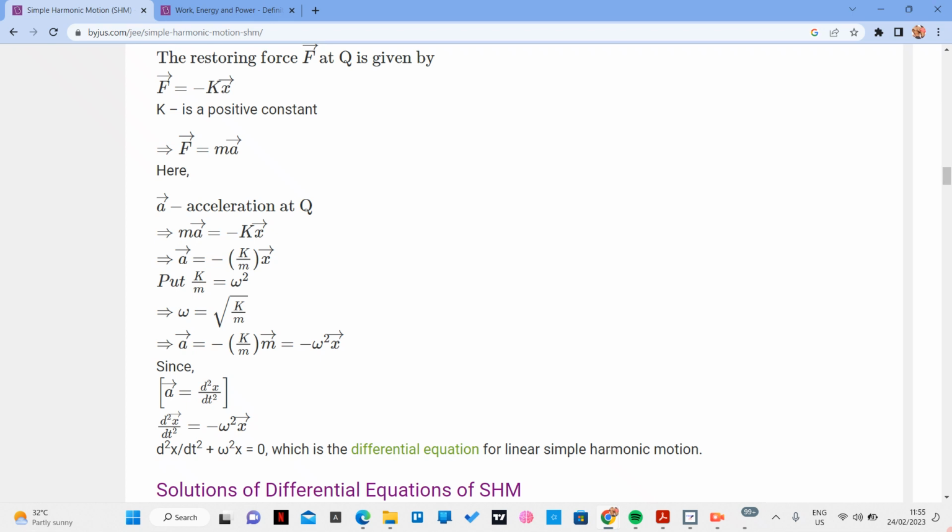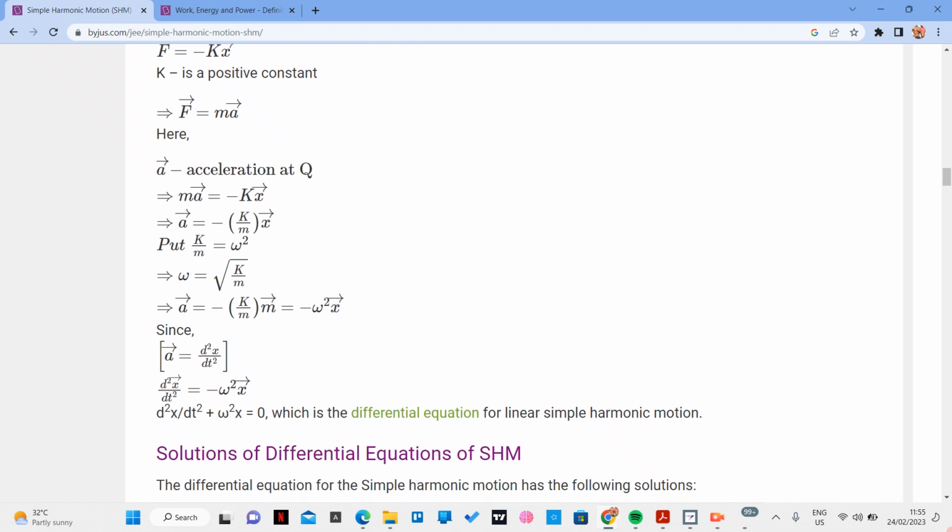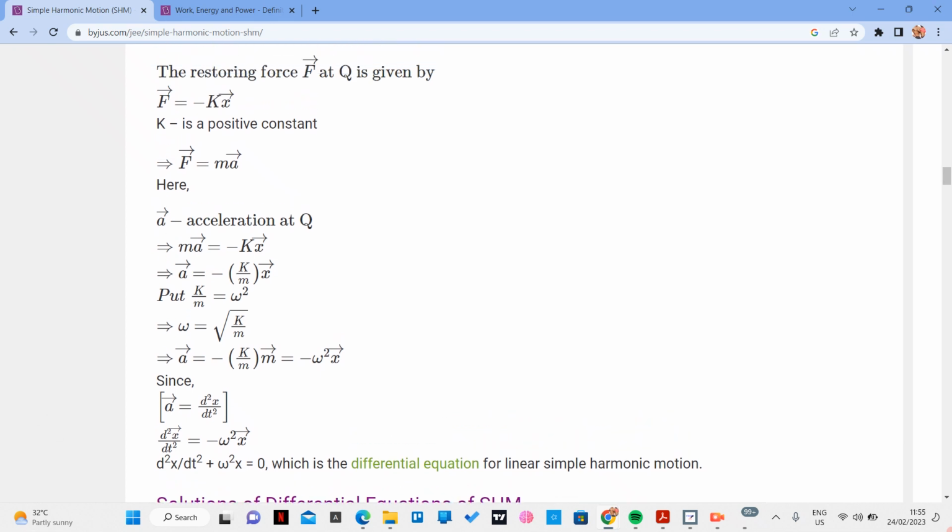You have ma equals kx, and then they make a the subject of the formula, so it becomes k over m times x, and that is omega square, so omega will be equal to root k over m. From there they're just playing with the formula here. So you can just pause this video and go through the differential equation.